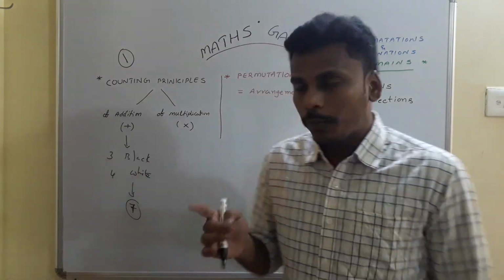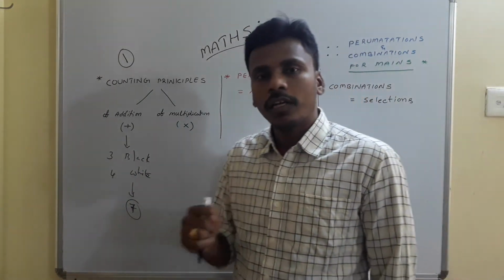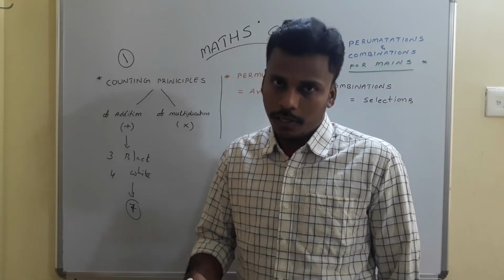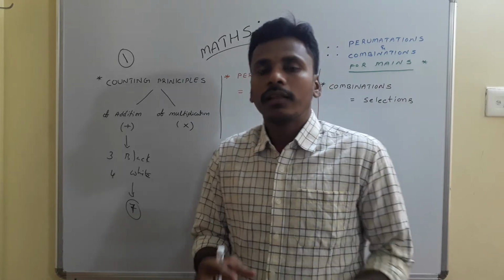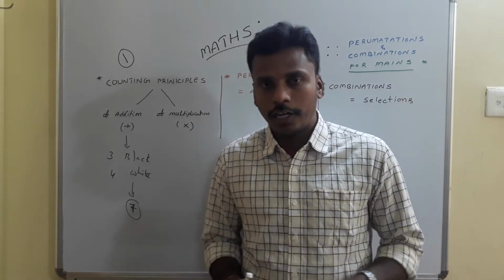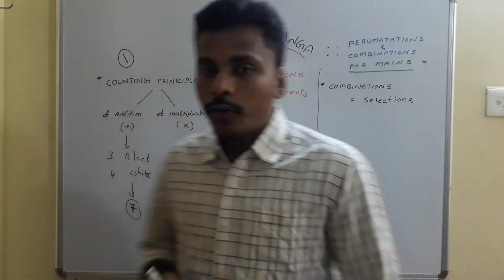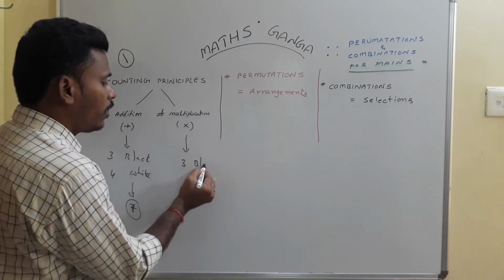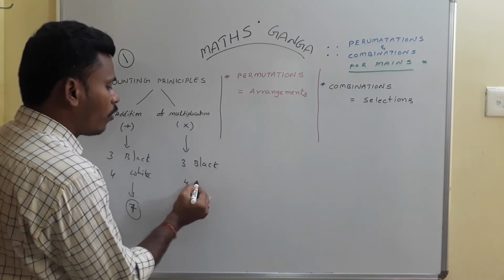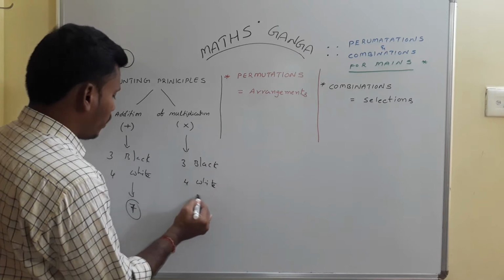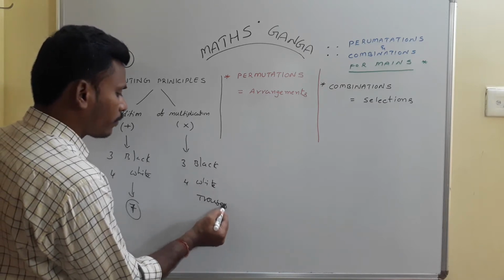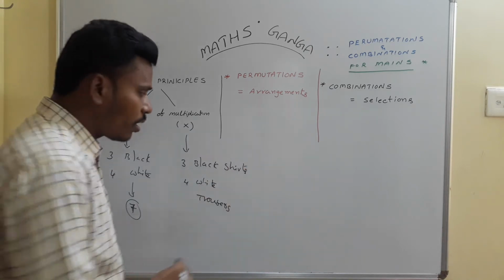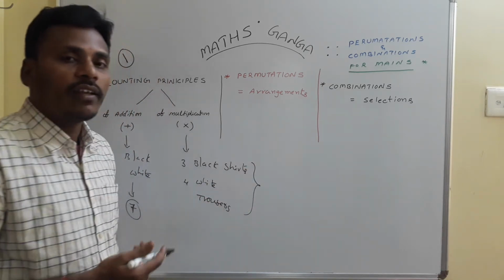Whereas coming to multiplication, we know that multiplication is repeated addition. With this basic definition, we will face different situations related to it. For example, if I have 3 black shirts and 4 white trousers, in how many ways can I get ready?